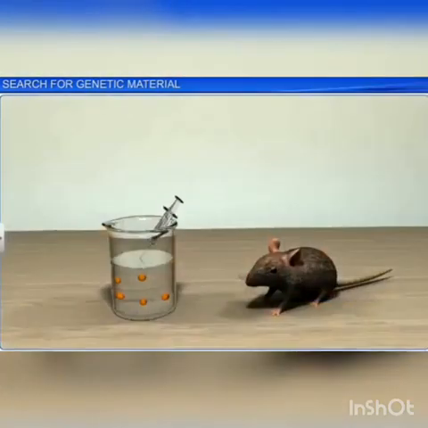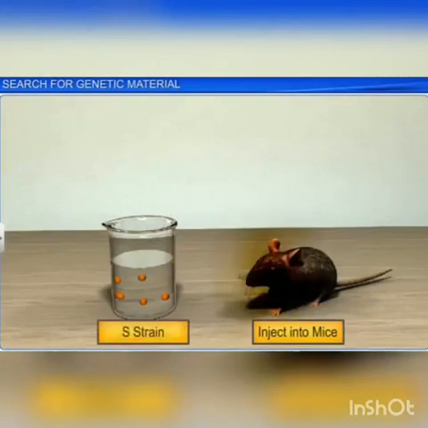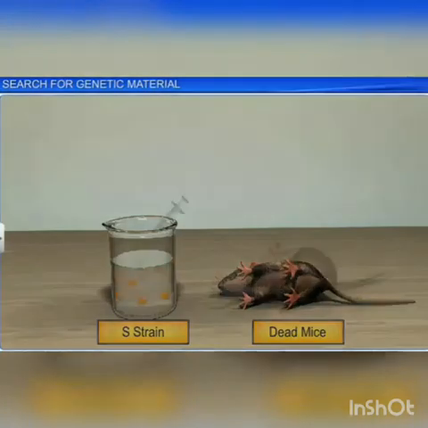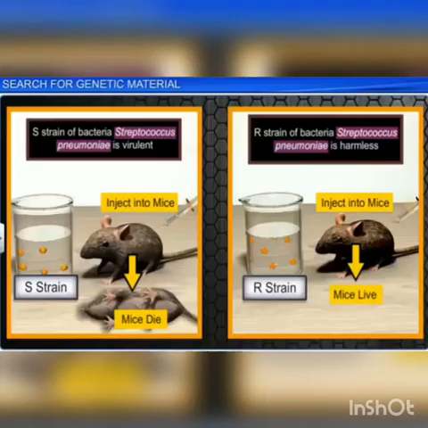Further, when mice were injected with the S strain, they died of pneumonia infection, while those injected with the R strain did not develop pneumonia. This proves that the S strain of bacteria is virulent and the R strain is harmless.